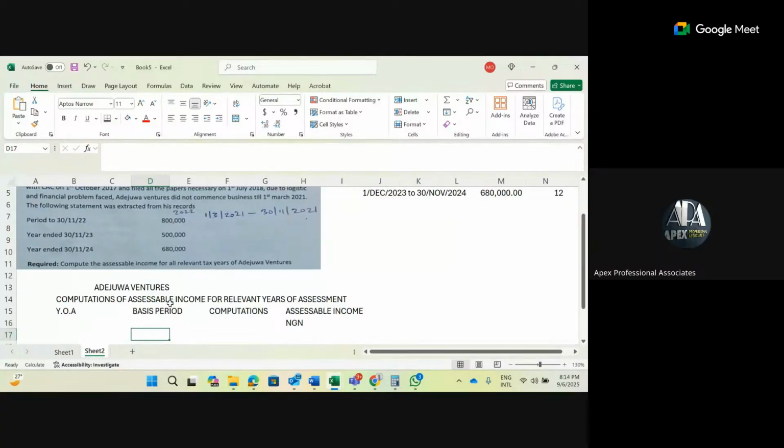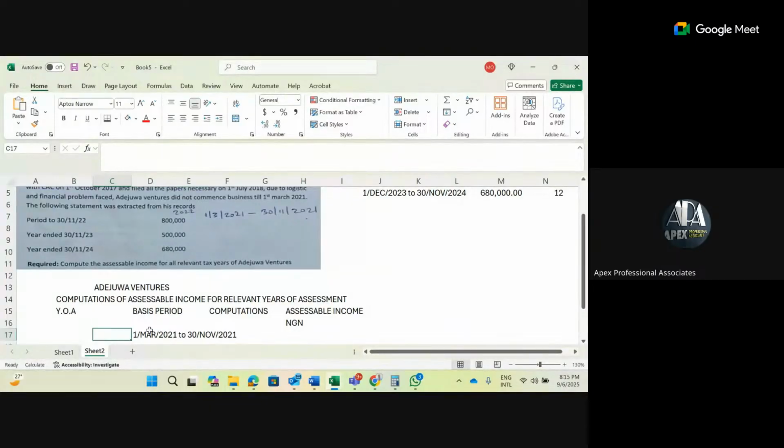So what is going to be the basis period for the first year? It's going to be the date of commencement of business, 1st of March 2021 to 30th of November 2021.